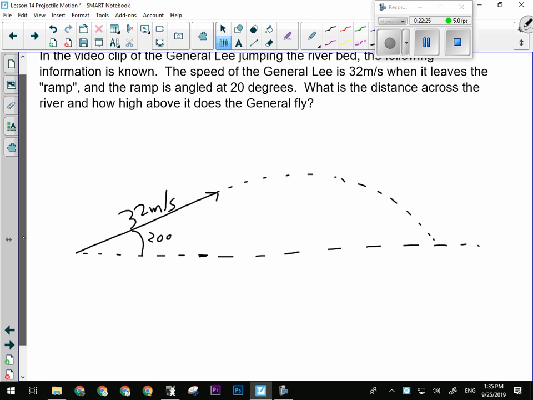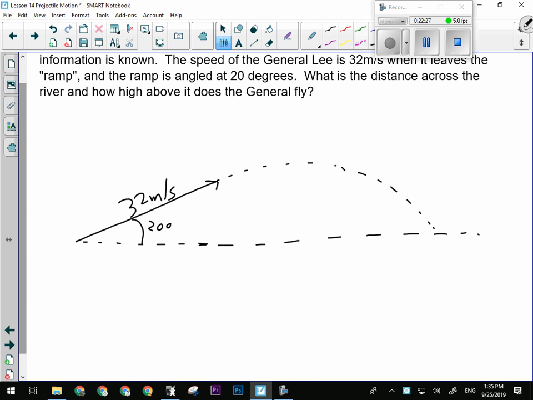So I want to calculate how far this is. That's a horizontal distance. I also want to calculate the maximum height, which would be a vertical piece of information. So the maximum vertical displacement would be what we're looking for.